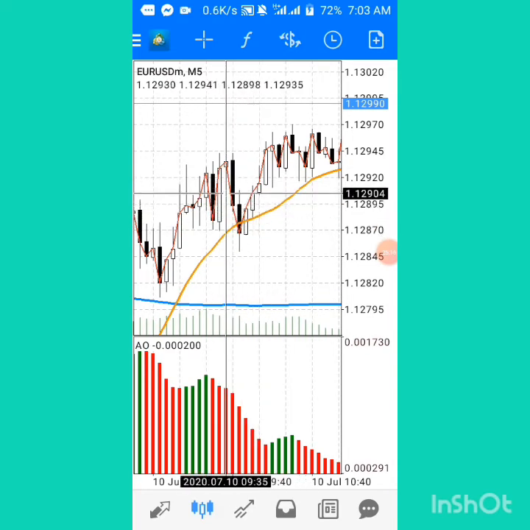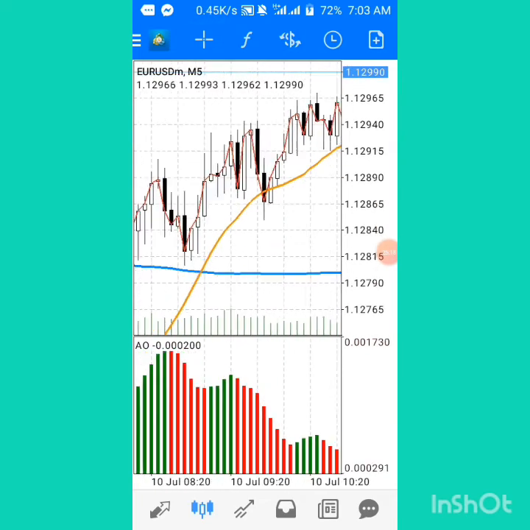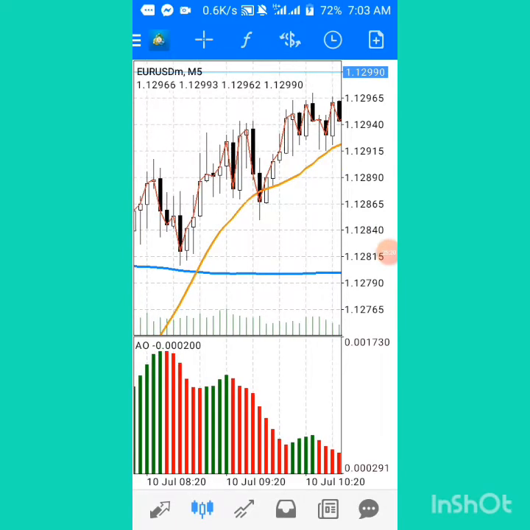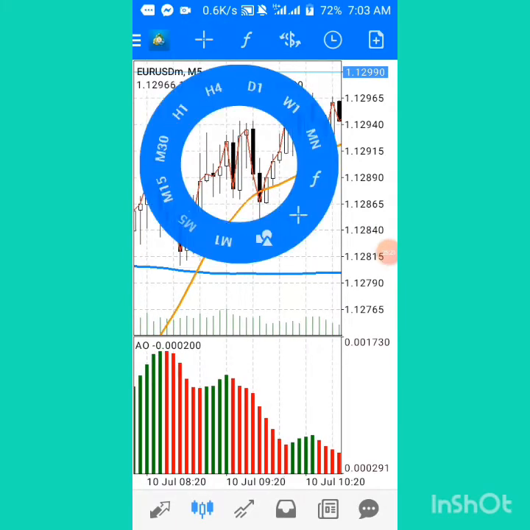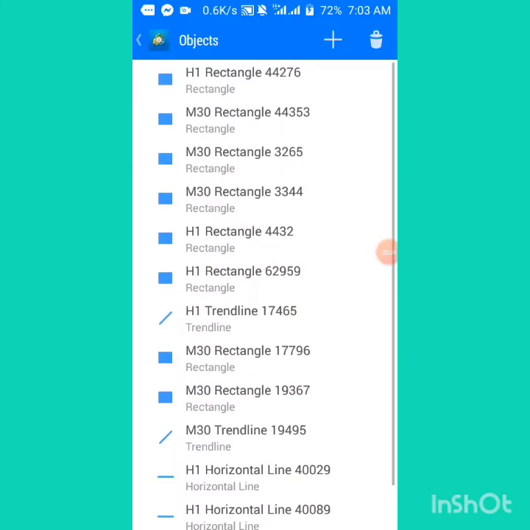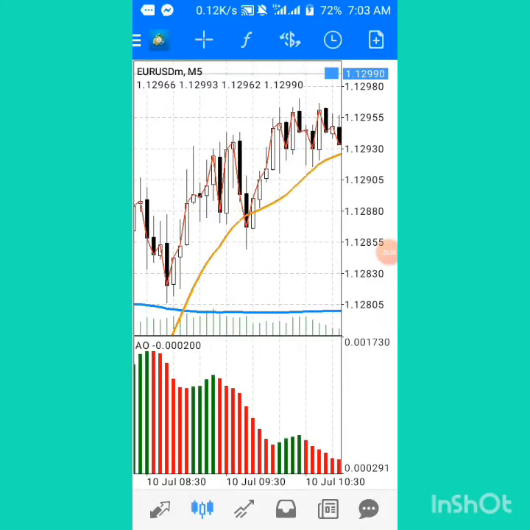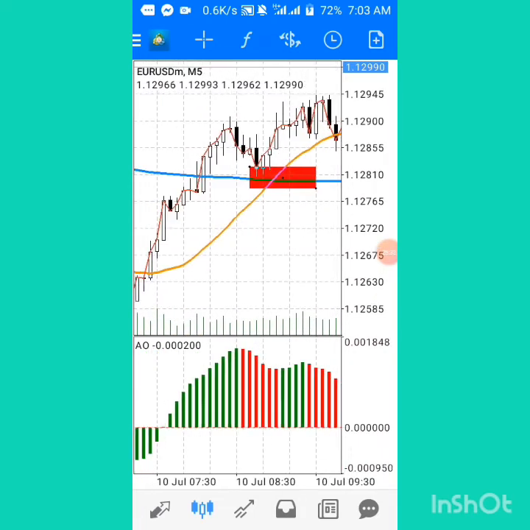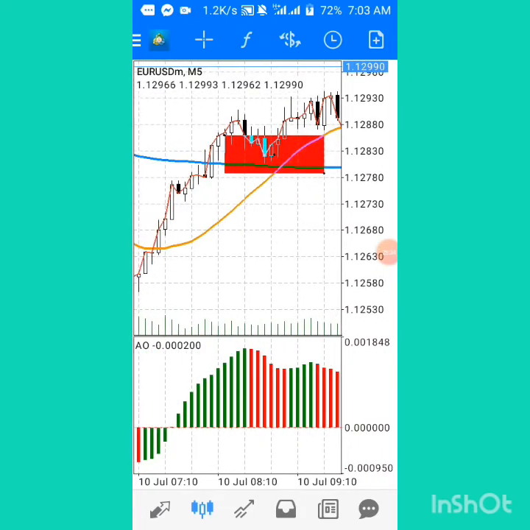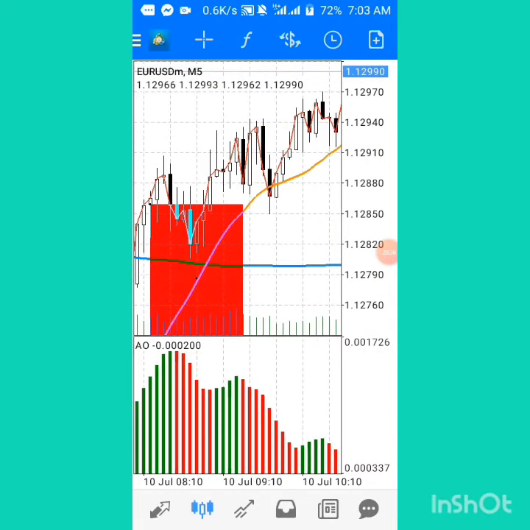So once you have a cross, let me just add a rectangle shape. You have a cross, like we have here. Once you have a cross and price starts to bounce, then you can buy Euro USD on the 5-minute time frame.